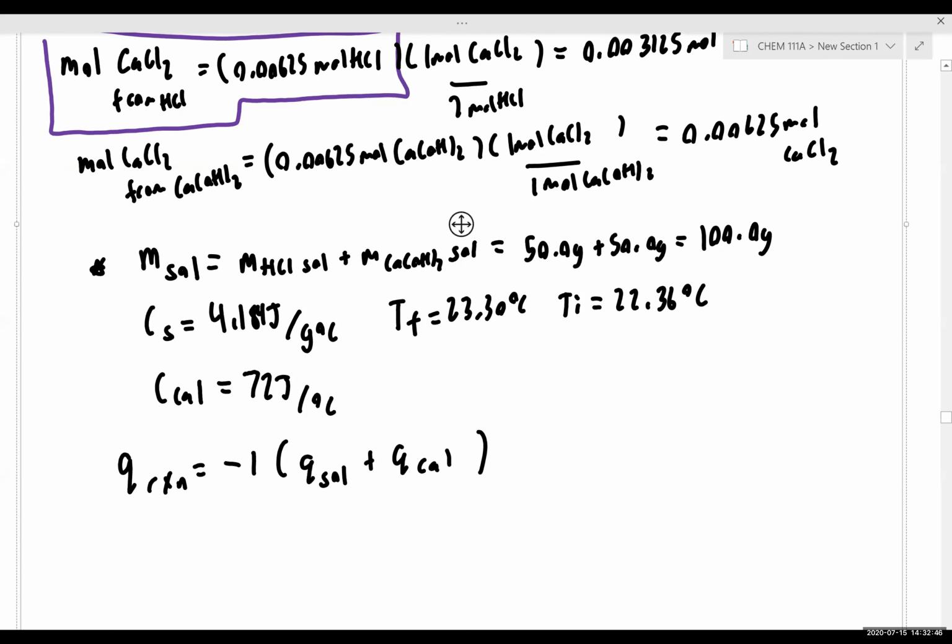So punching that in, Q reaction is equal to -1 times the mass of the solution, which is 100.0 grams, times the specific heat. One moment.